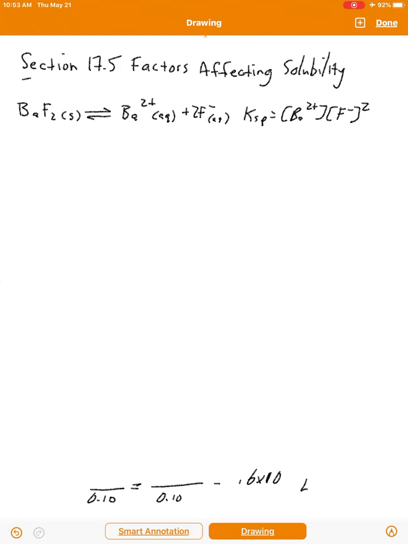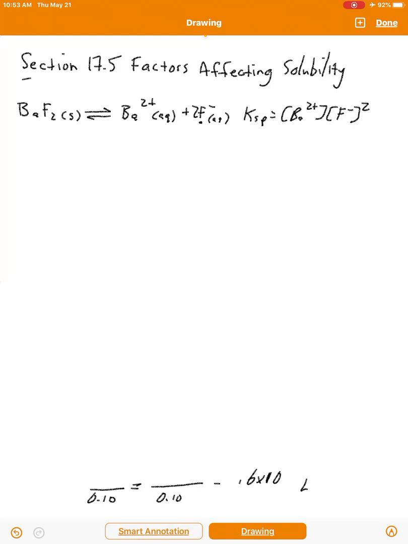Ba2+ times F minus squared. Okay. Now suppose that when we look at this, we consider this ion right here, the F minus.